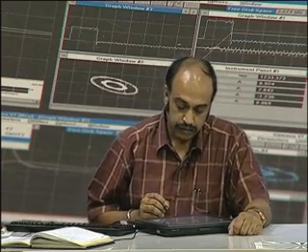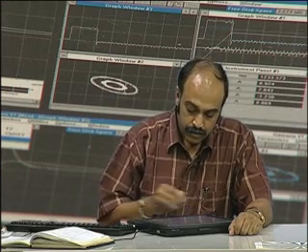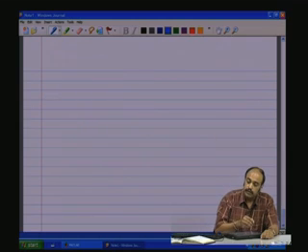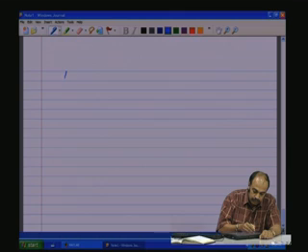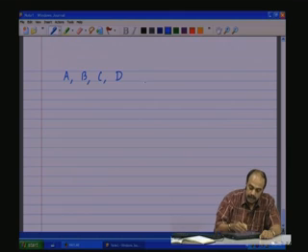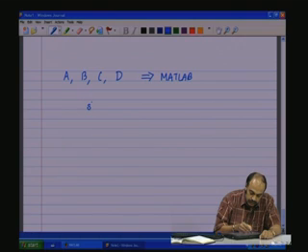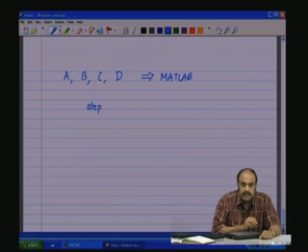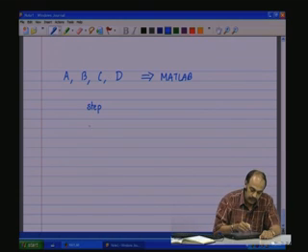Coming back to the board here, there are 3 domains, as I told: the time domain, the frequency domain, the pole zero domain. After having inputted the A, B, C and D matrices into MATLAB, we will use 3 major tools. One is the step function to obtain the step response of the system.